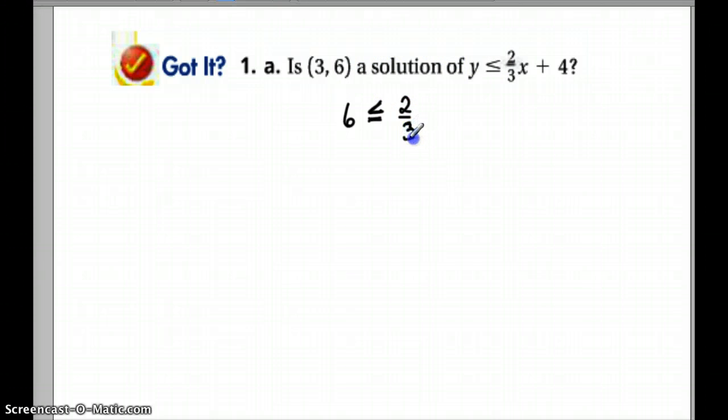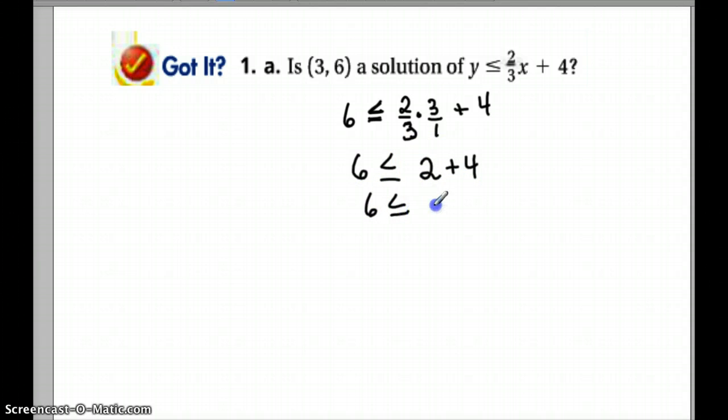So 2/3 times 3 over 1 plus 4. And we get 6 is less than or equal to 2 plus 4. 6 is less than or equal to 6.